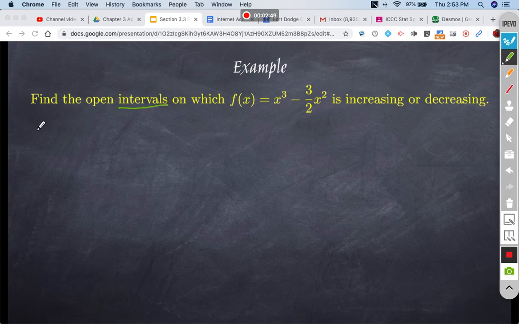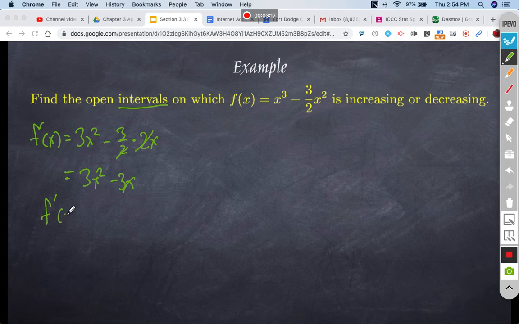So we will start off, we're testing it with the first derivative, so we'll find the first derivative. 3x squared minus 3 halves times 2x. And my 2's cancel, so this is going to be 3x squared minus 3x.